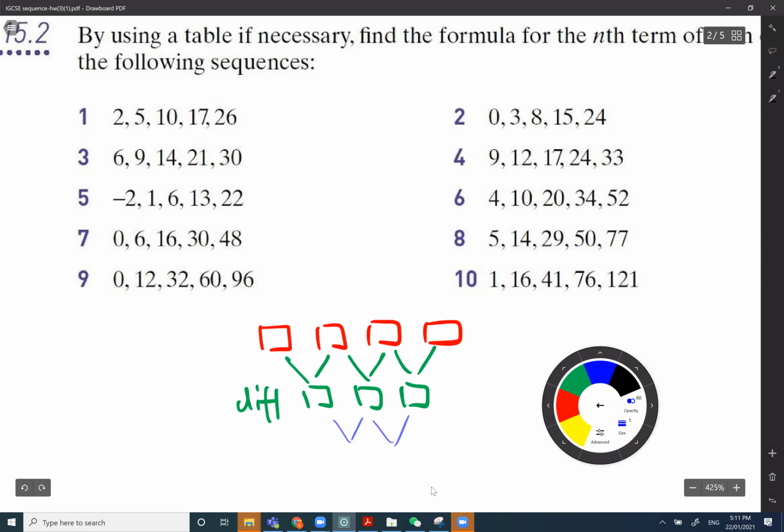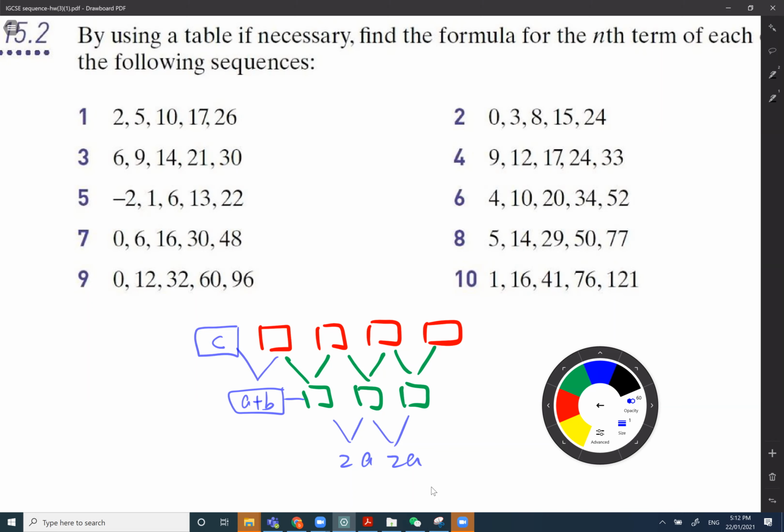This difference is 2a. Remember what we learned? This difference is all the same, which is 2a. Selena, the previous one is a plus b equals this. And the previous one, just c. Remember, that's how we work out the quadratic sequence.